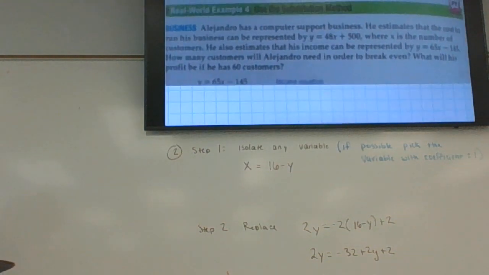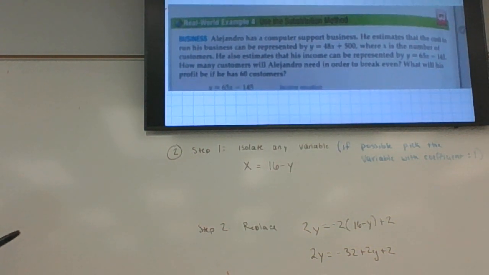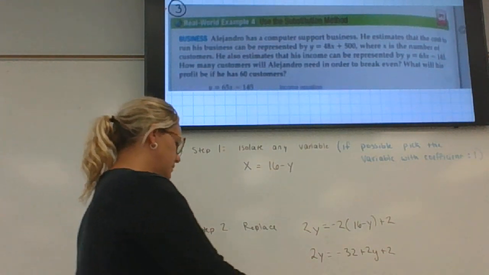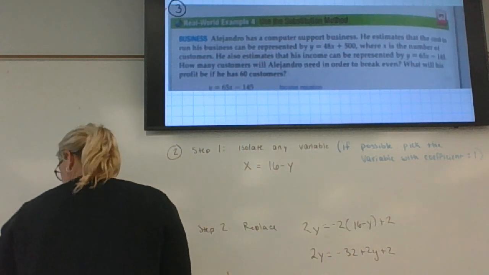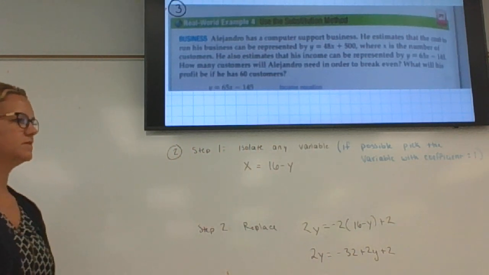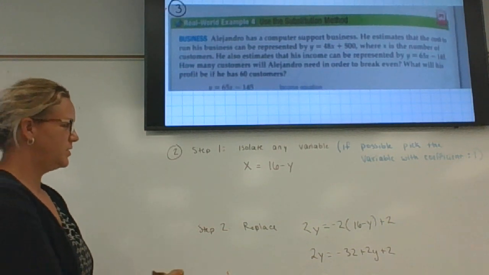Let's do this one instead of that one I had up there. This is number 3. I had this planned for yesterday, so I don't know why it's blurry.